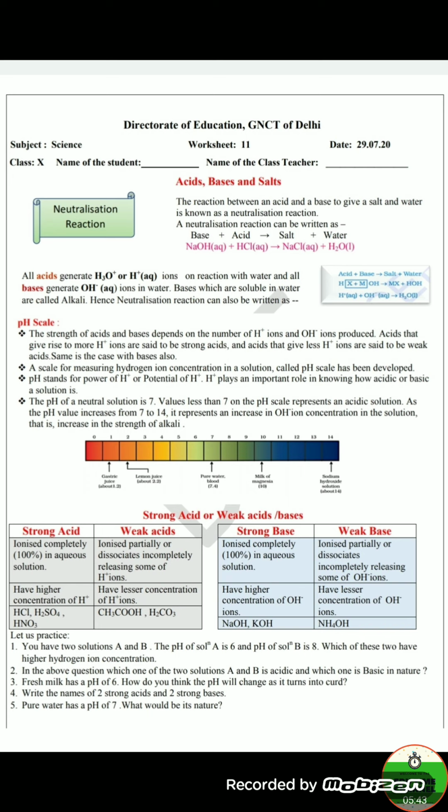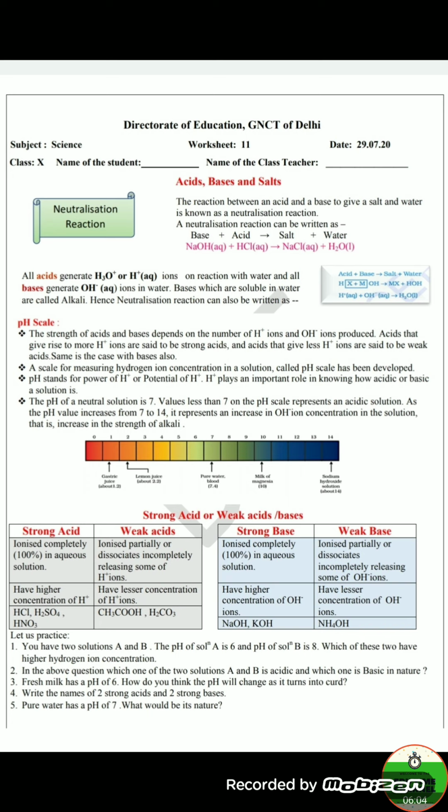H plus plays a very important role to find out the acidic or basic character of a solution. The pH of a neutral solution is 7. Whenever a solution is neutral, its pH is 7.